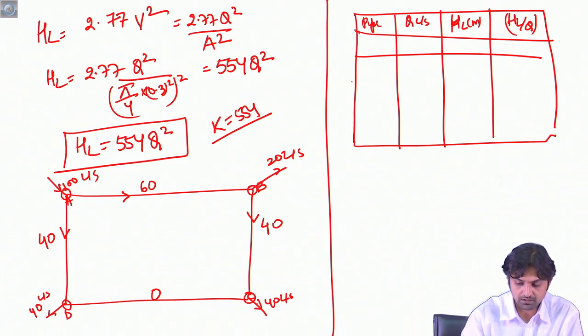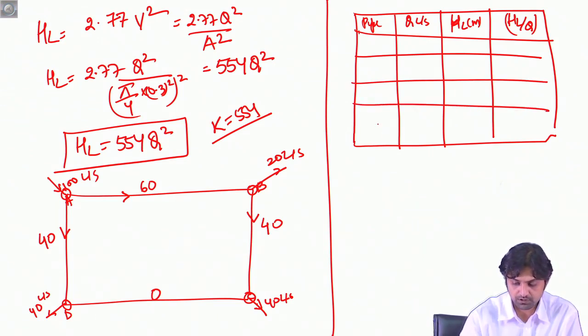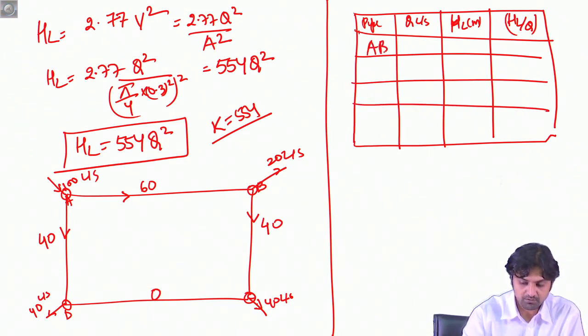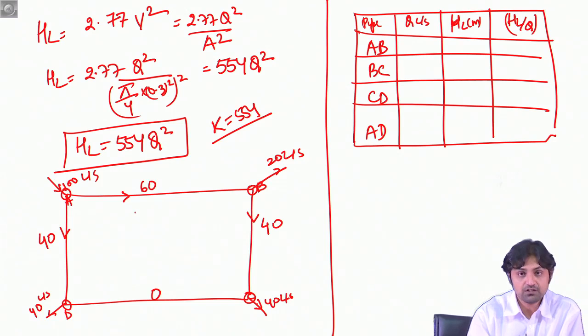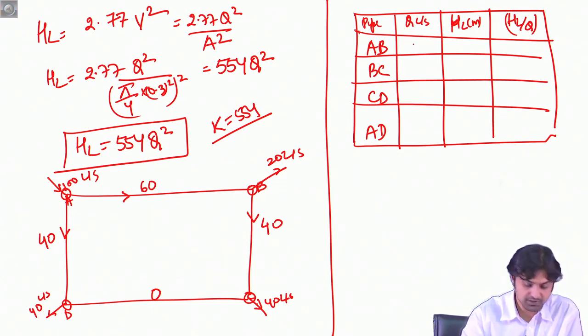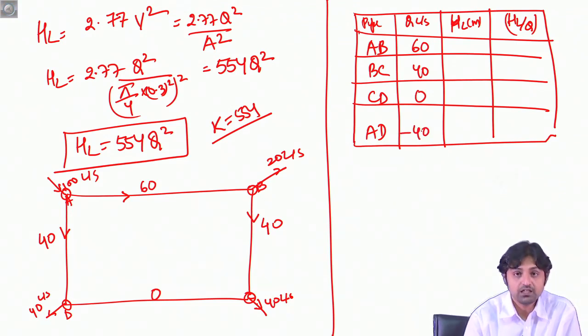So let's write AB, BC, CD and AD. This we have already done using the equation of continuity. So simply write down 60, 40, 0, minus 40. You see that clockwise we have assumed positive, that's why AD is minus 40.